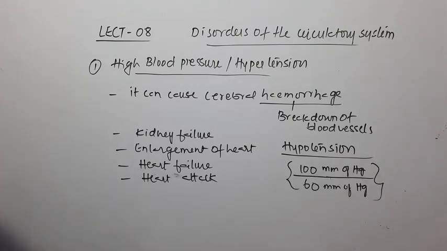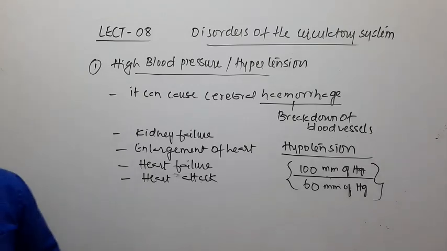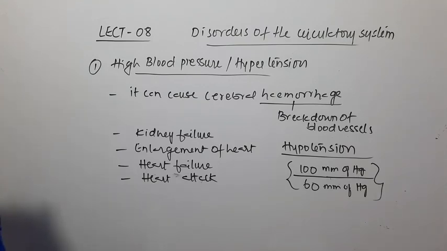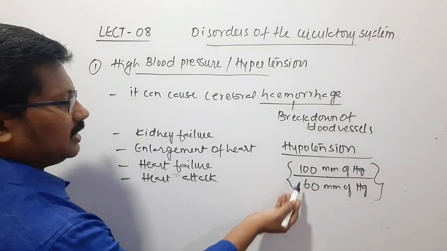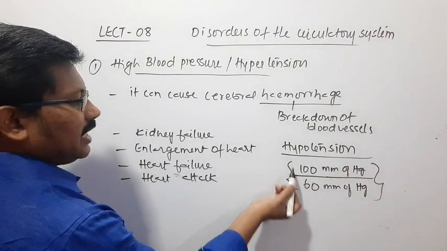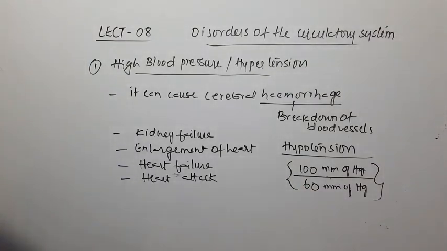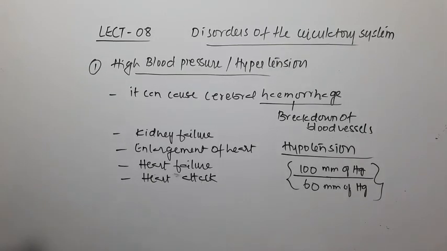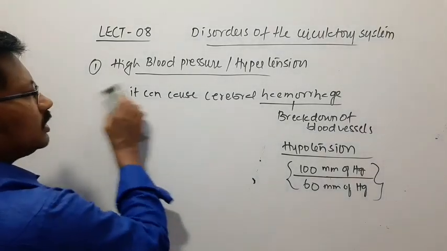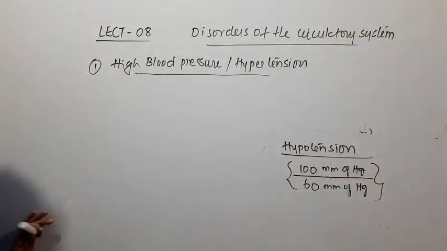Hypertension is 140 by 90, and hypotension, we will take the value as 100 by 60 mm of Hg. You can see both the systolic and diastolic pressures decreased. So at 100 by 60 or lesser than that, we consider the person is suffering from hypotension. And here we'll see what are the causes of this hypotension.